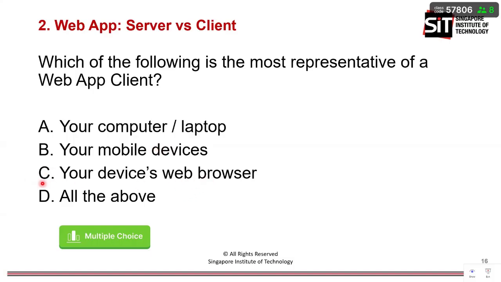So in fact, I could have one more entry talking about your MKR. Your MKR WiFi 1010, being a device itself, can be a web app client, which you will probably get to see in this week's lab activity. If you are fast enough, you will integrate your MKR to interact with your Google web app, to send data to your Google Sheets.